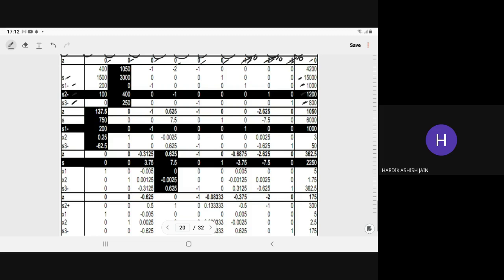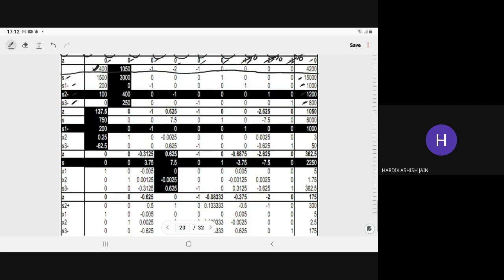With this you will get the entry 400. This is the new updated Zj minus Cj row, the consistent Zj minus Cj for the basic variables s, s1 minus, s2 minus, s3 minus. Only this I have to explain.